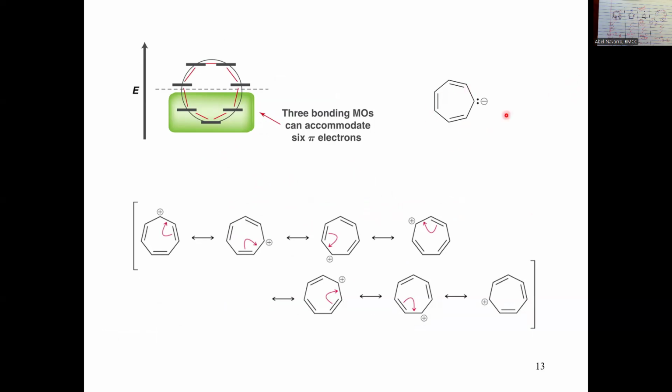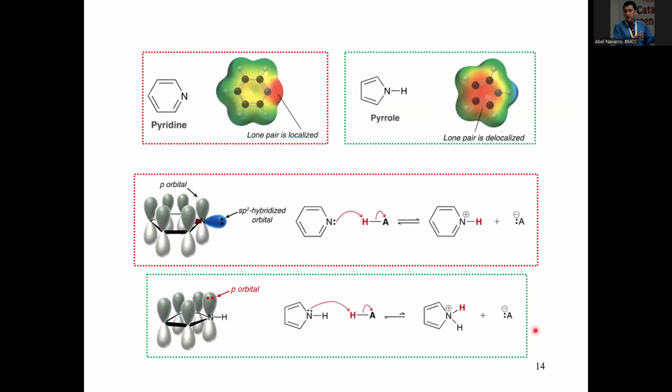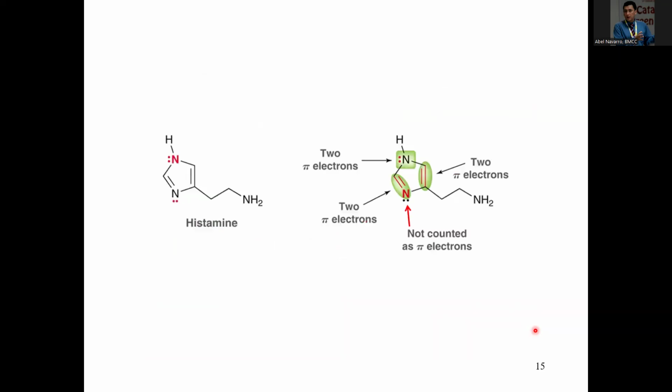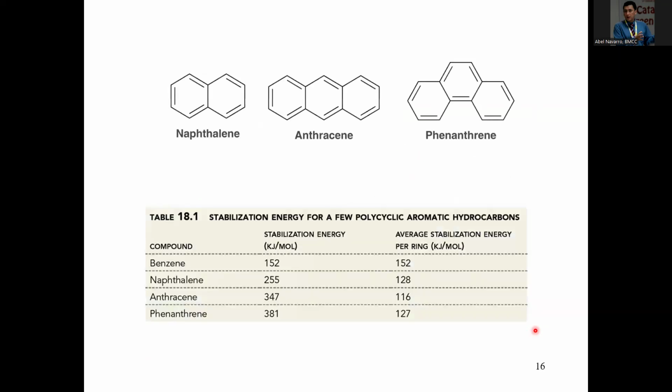Determine if this compound is aromatic or not. So we have to do the analysis. Here it explains the delocalization, the resonance formation in this particular compound. The pyridine and pyrrole example that I showed you is also in here. Basically, all the examples are very similar.